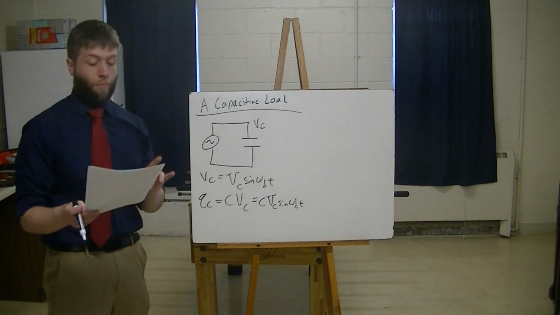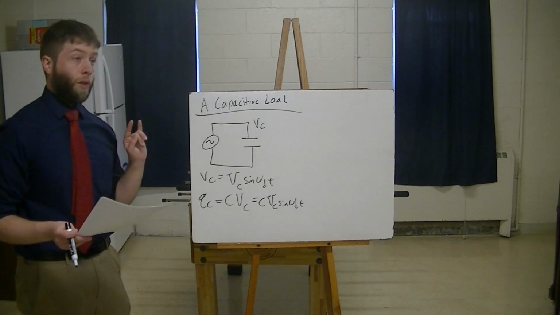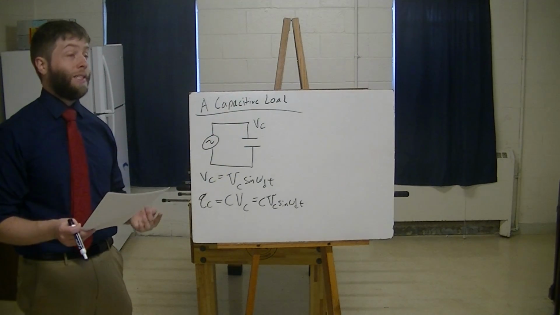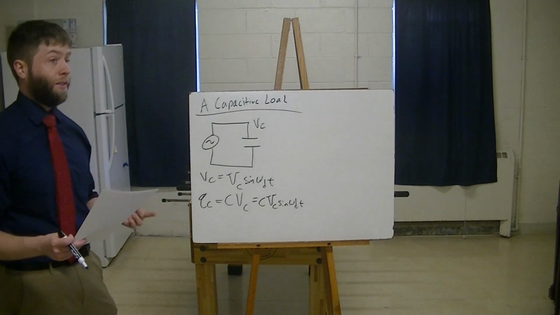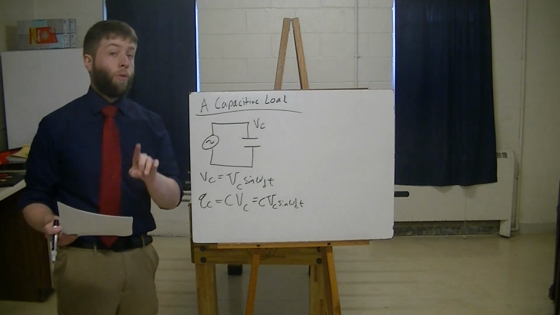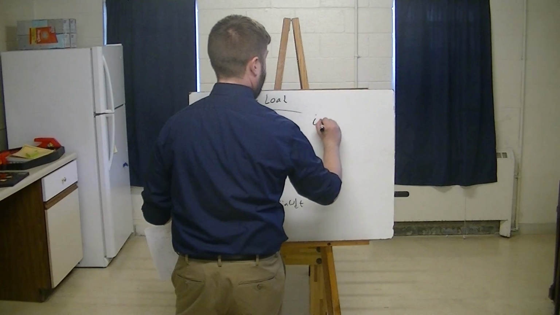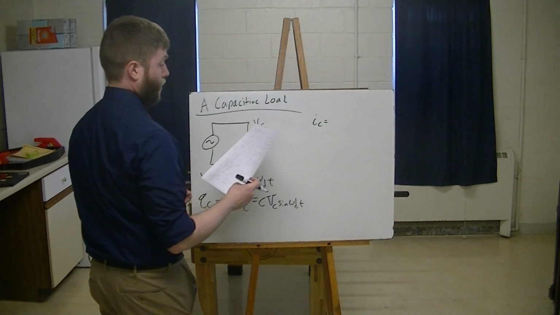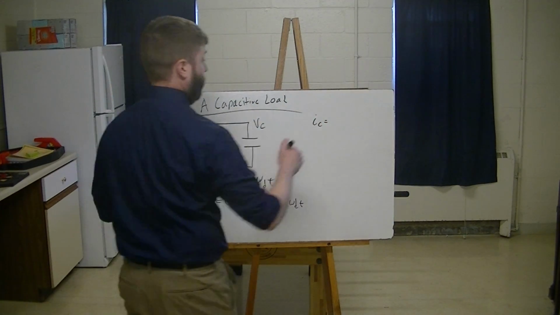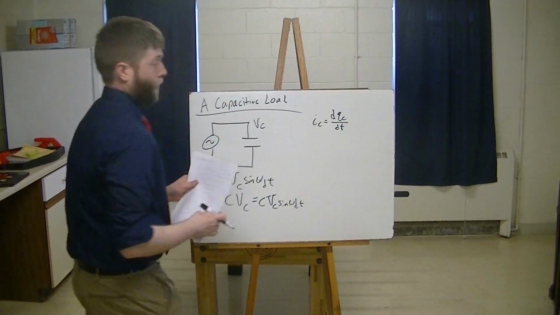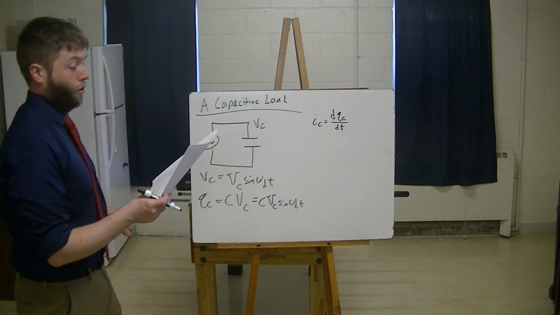Now here's where the problem comes in. In order to define the current that is going through this circuit, I need to take the time derivative of the charge. So the current across the capacitor inside this circuit is going to be equal to the time derivative of the charge.